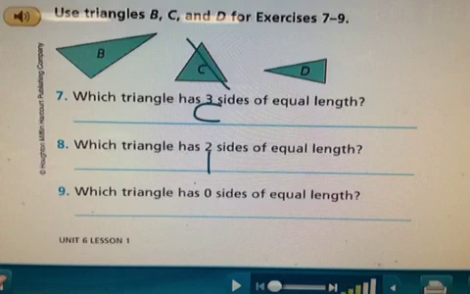So D is your answer for that one. It has 2 sides that are the same length, and this one is just a little bit different. Which triangle has no sides that are of equal length? That is B. All 3 of these sides, if we got a ruler out and measured them, are of different lengths.